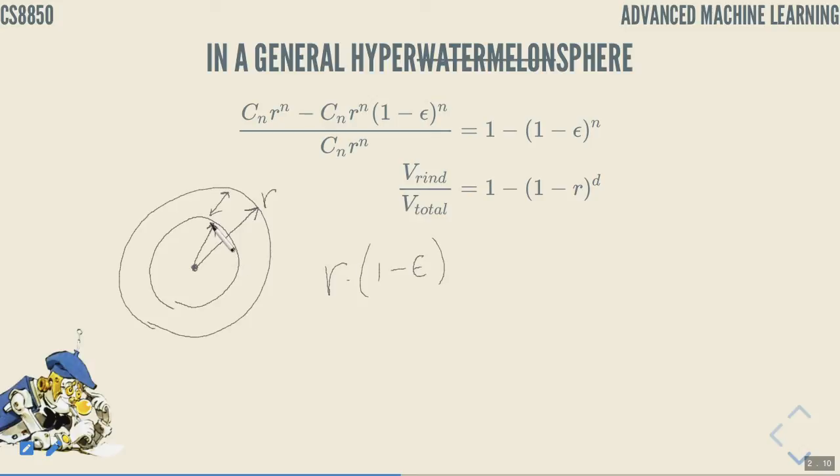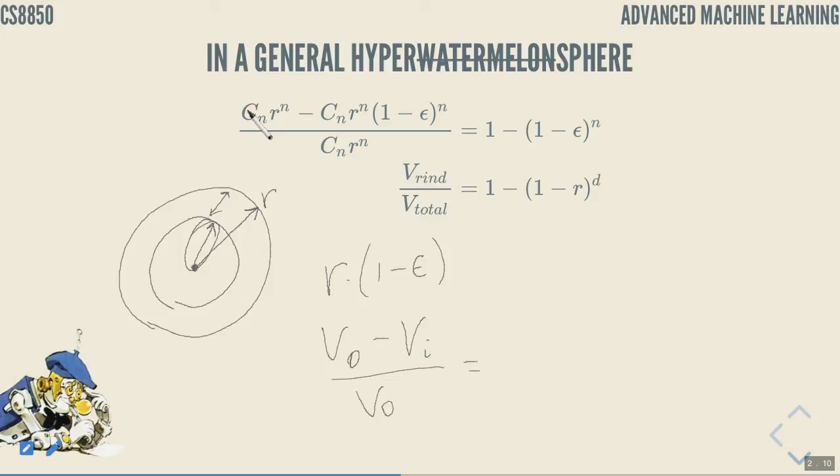This is our smaller radius. So then we have two spheres, or two volumes, V1 minus V2. So this is the outer sphere, this is the inner sphere, and normalized by the outer sphere.